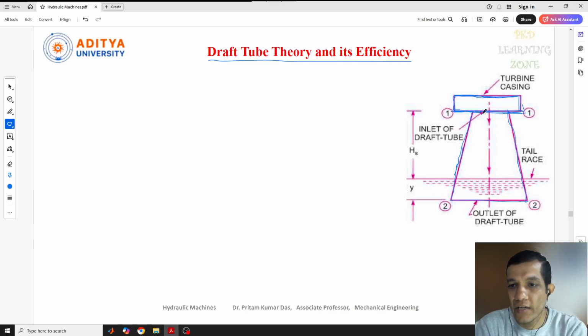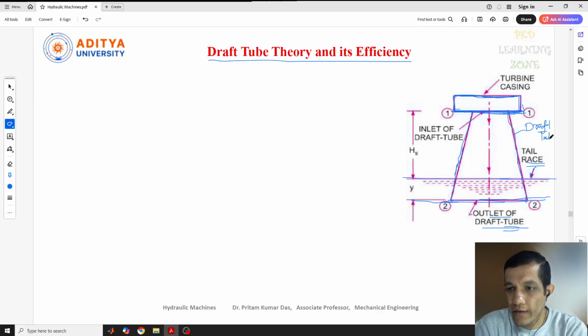One end is connected to the outlet of the turbine, and the other end is inside the water level. This is the surface level of the water, called the tail race. This is the outlet of the draft tube, which is inside the water, and this is the inlet of the draft tube.